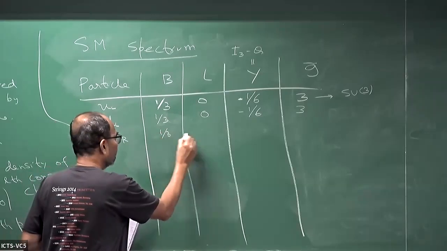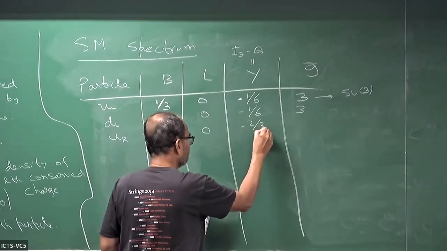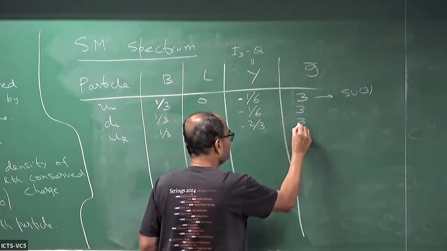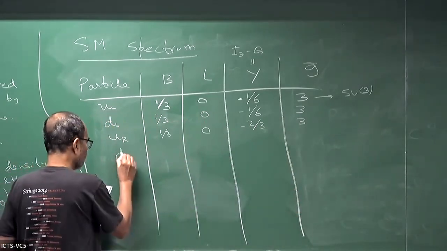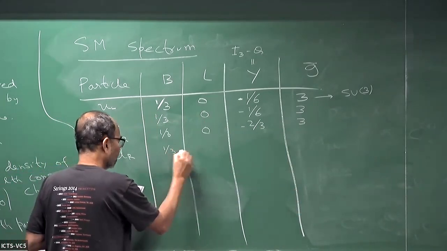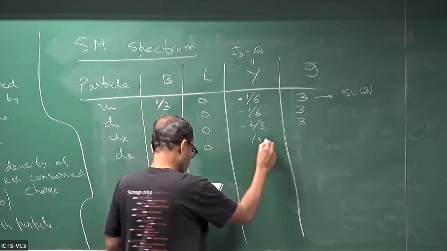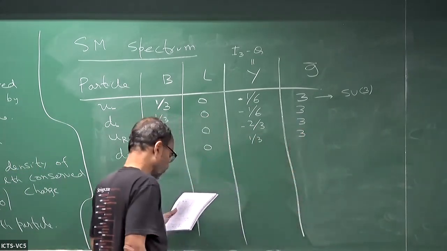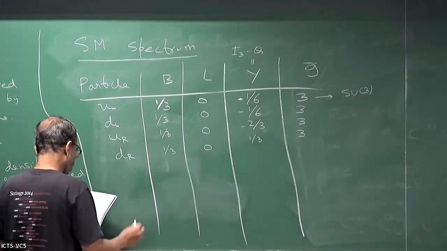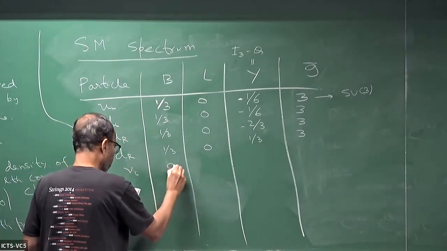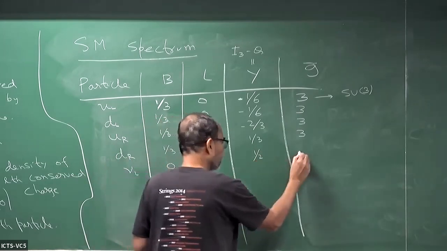Again 1/3, 0, minus 2/3, 3. dR: 1/3, 0, 1/3, 3. nu L: 0, 1 half, 1.